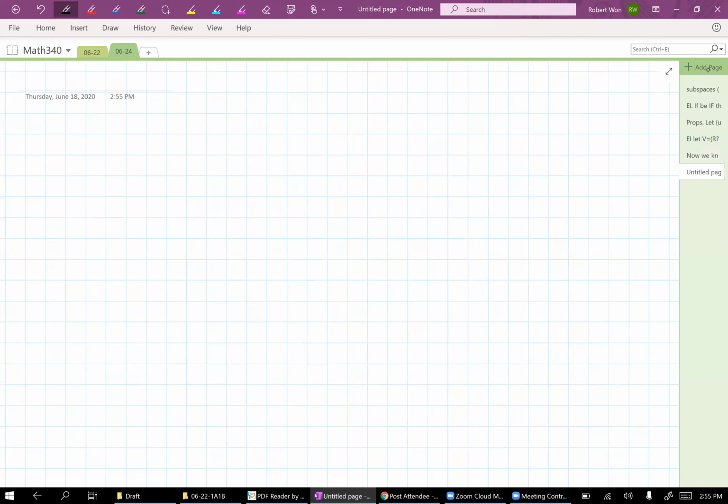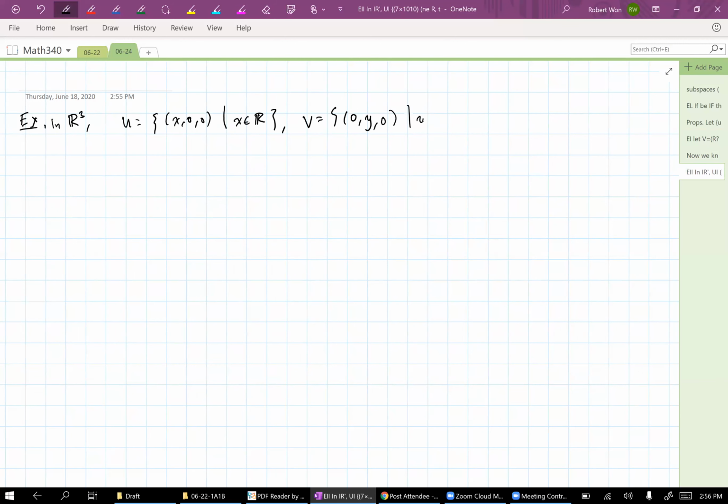So again, I owe you an example. Let's consider the following subspaces of R^3. Let's work inside of R^3. Let U be the set of elements that look like (x, 0, 0). Let V be the set of elements that look like (0, y, 0). And let W be the set of elements that look like (x, x, 0).